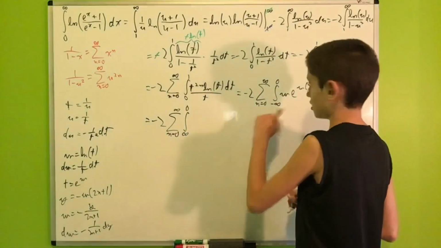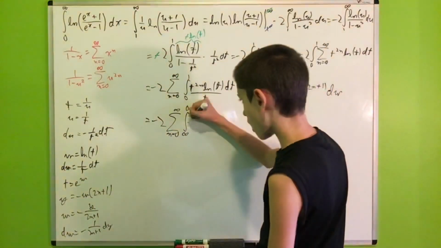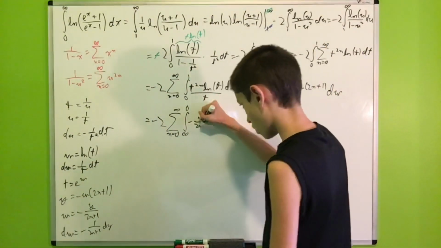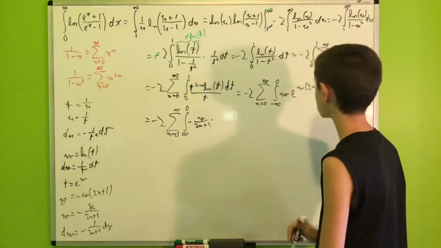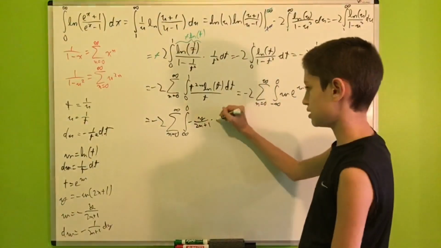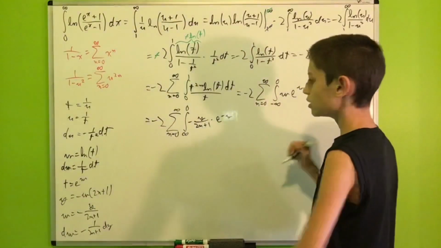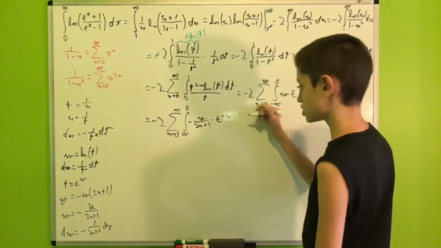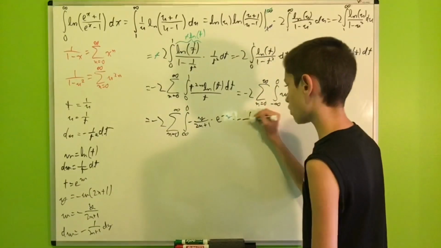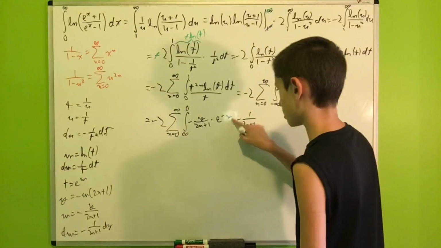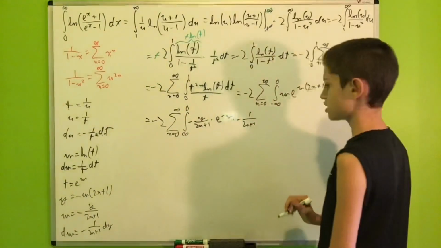And then for w we have negative y over 2n plus 1 times e to the negative y times our differential dw, which is simply negative 1 over 2n plus 1. This is not a minus, this is a multiplication sign, dy.